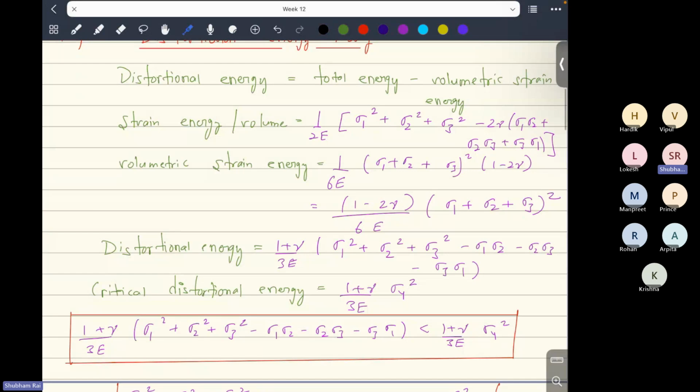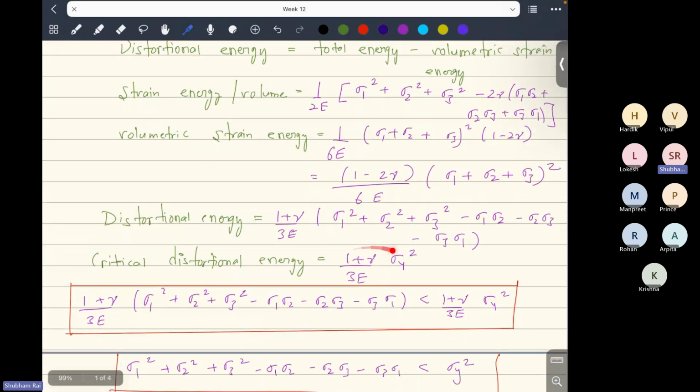When you're doing the axial tensile test, and when you do a torsion test, it will be a case of pure shear, and you will observe that the normal stresses will be equal to shear stresses in that case, and so sigma 1 will be equal to tau, and sigma 2 will also be equal to tau, and sigma 3 will be 0.